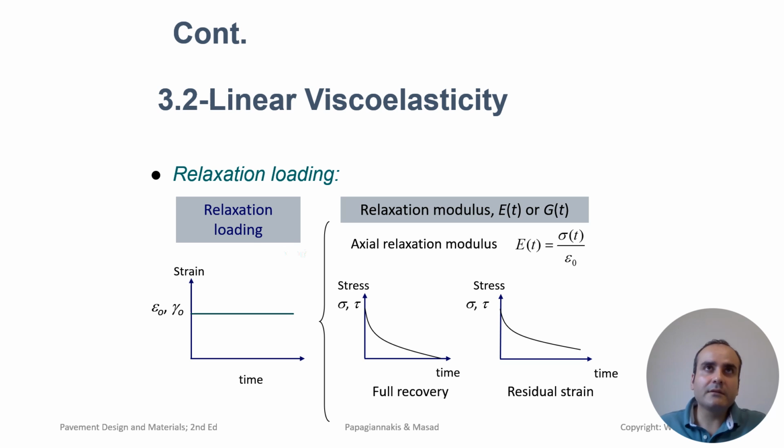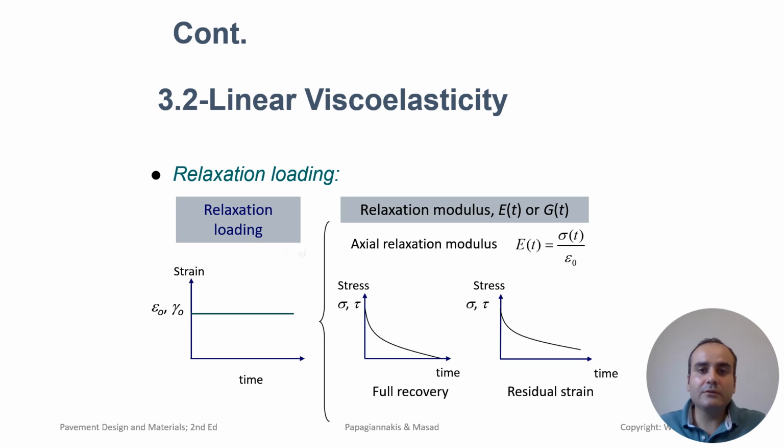In terms of traffic-induced stress relaxation, we know that asphalt pavements experience repeated loading from traffic. After a load is applied, the material generates internal stress to resist deformation. Over time, however, the asphalt can relax these stresses.